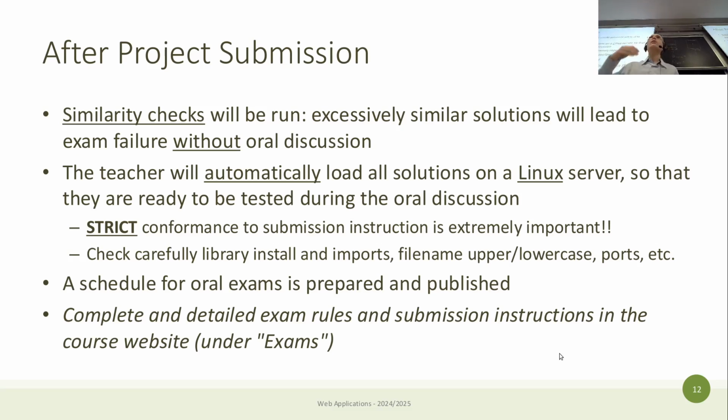So what happens after you submit the project? You read the text, you developed the web application, client plus server, you submit it. First thing, we run some similarity checks between all the solutions, okay? Just to make sure that there are not two or more students that submitted the same solution. That doesn't mean really identical, but slightly different solutions.